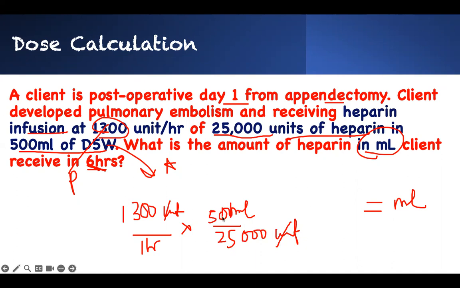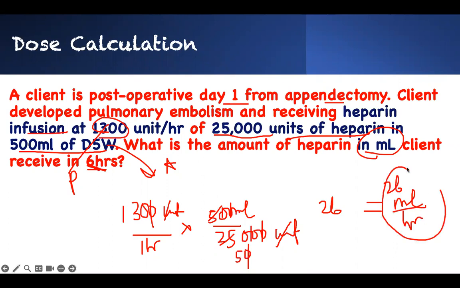So this cancels, 2 zeros, 5, cancel 5, you have 50 here. Another 0 cancels here. And then you have 1,300 divided by 5, which is almost 26. So 26 ml over an hour.